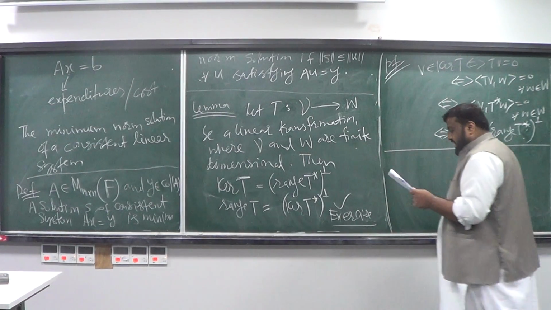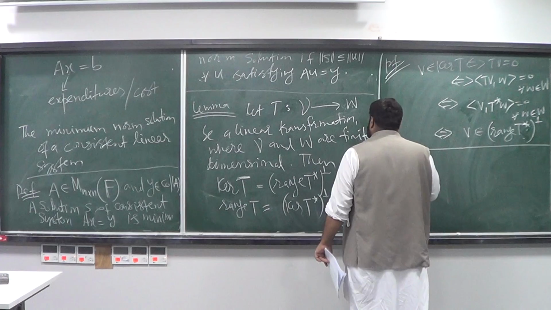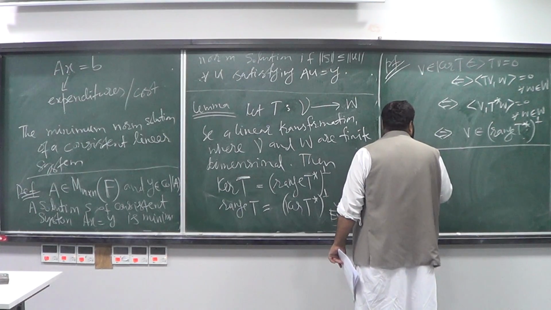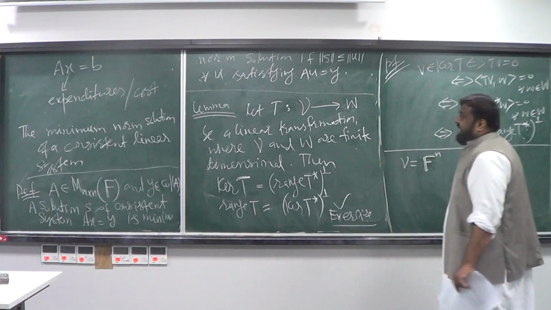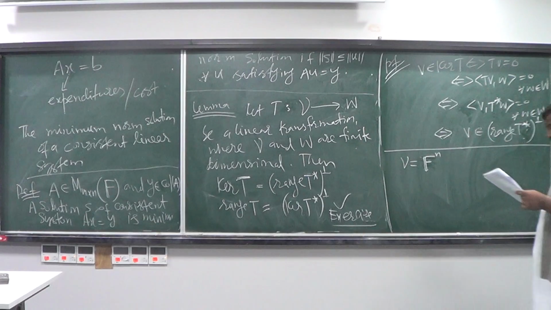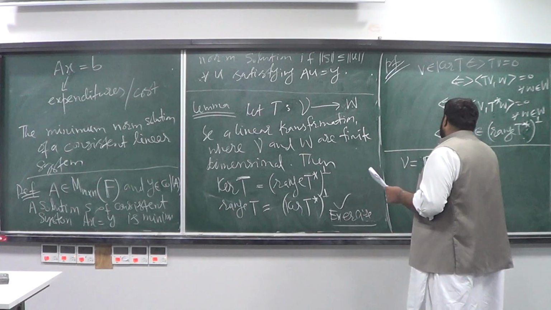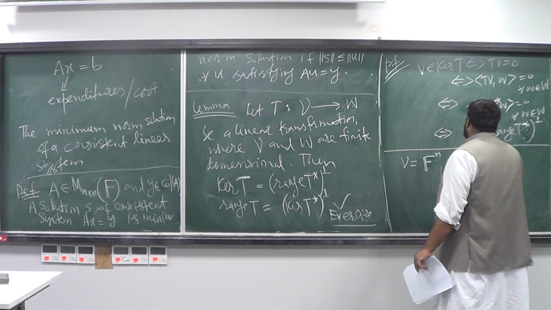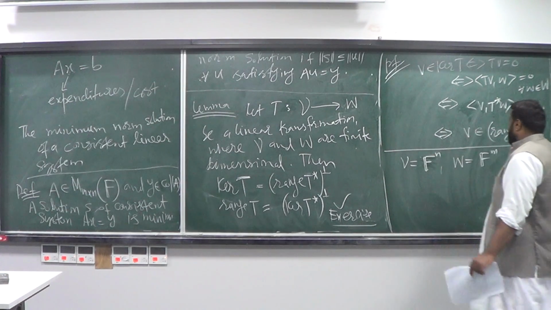Now take in particular in this result V equal to, say, F^n, where the F could be R^n or C^n. And take W to be F^m.